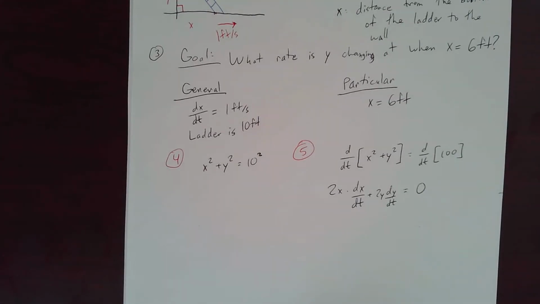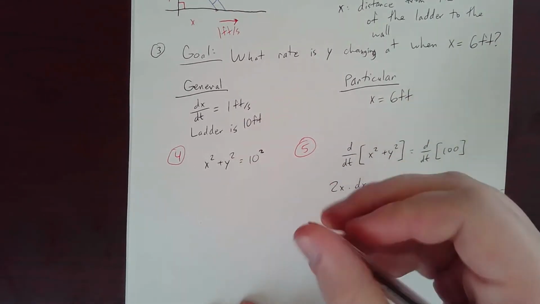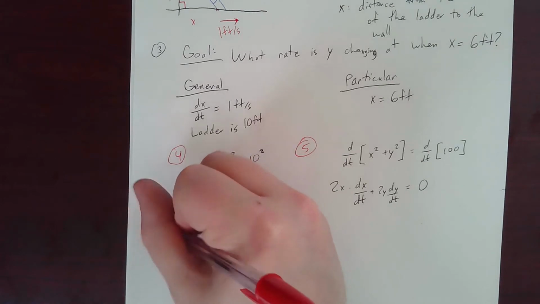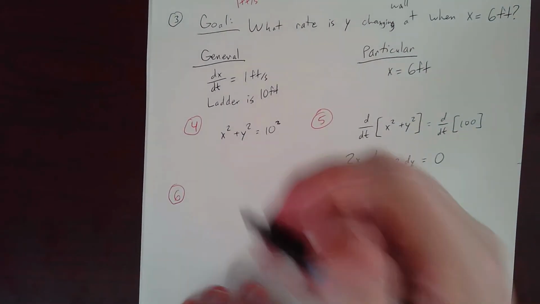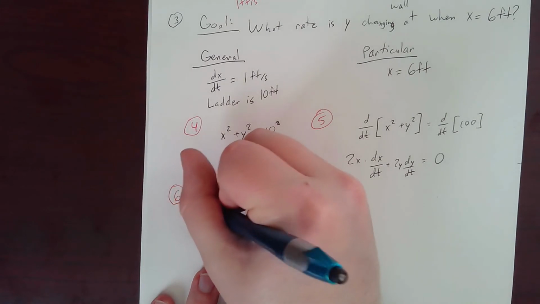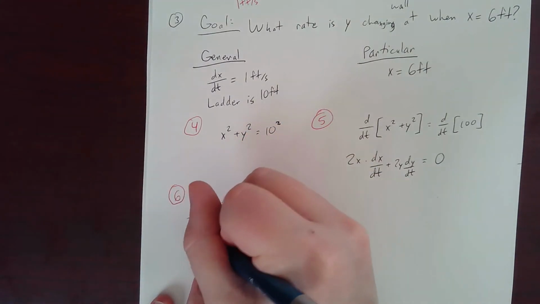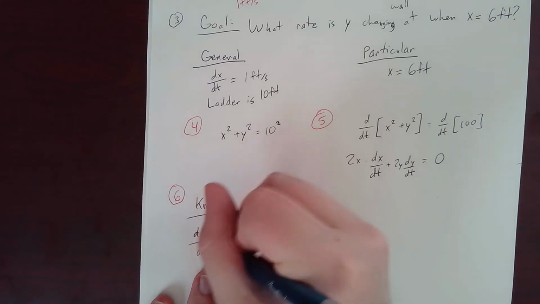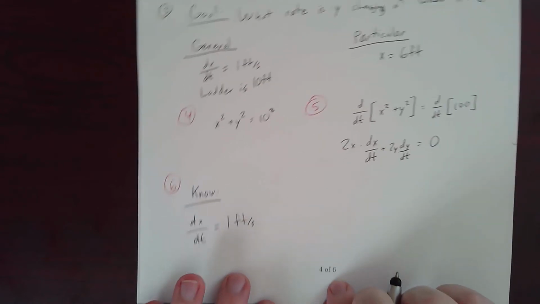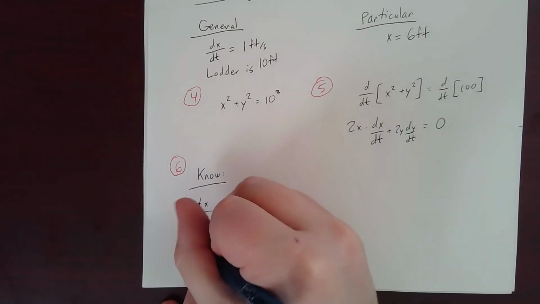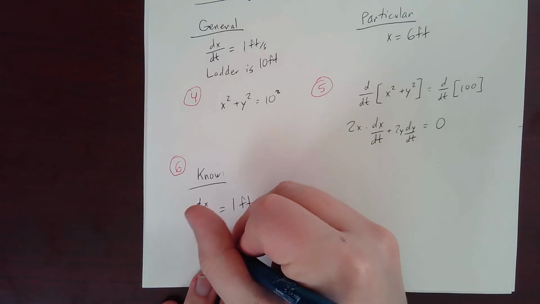Alright, so at this point, we want to go ahead and take stock of what we know. So remember, we know that dx/dt is 1 foot per second, and we know that x equals 6 feet.